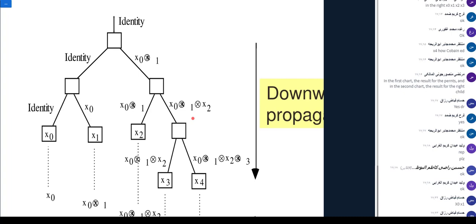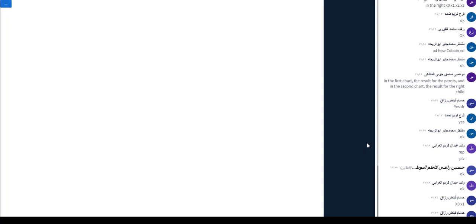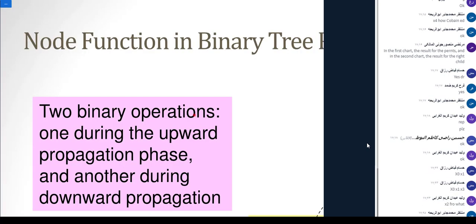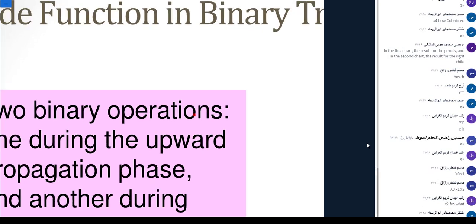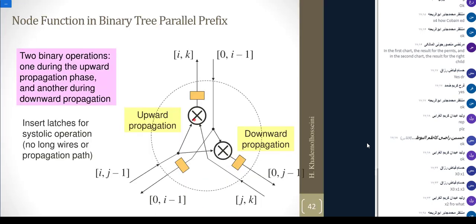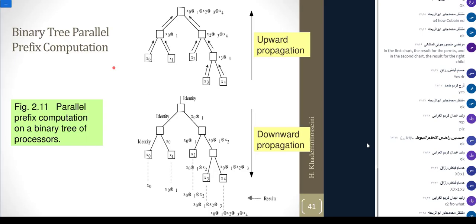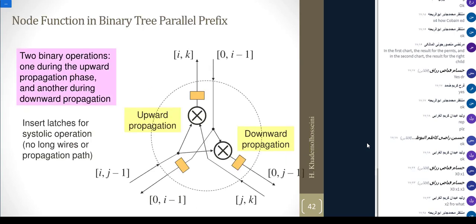And at the end, the leaves compute the final values. Okay? So we had parallel prefix computation on a binary tree of processors. It was very important for us.